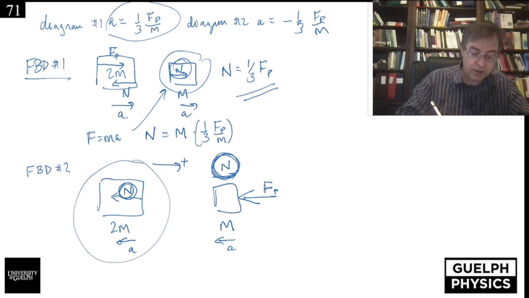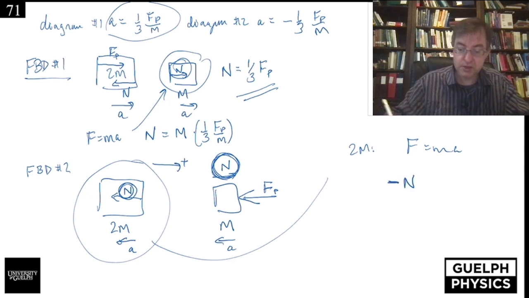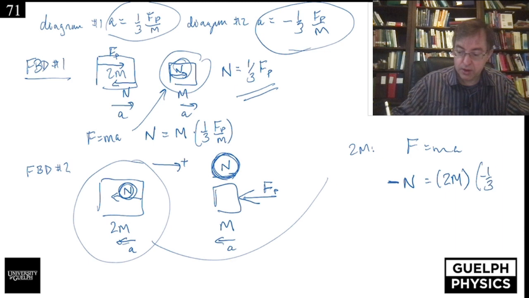So for this block, the 2m mass, I apply F equals ma. The only force here is negative N, pointing in this direction. The mass of the block is 2m, and the acceleration of the whole system in diagram 2 is negative 1/3 Fp over m.